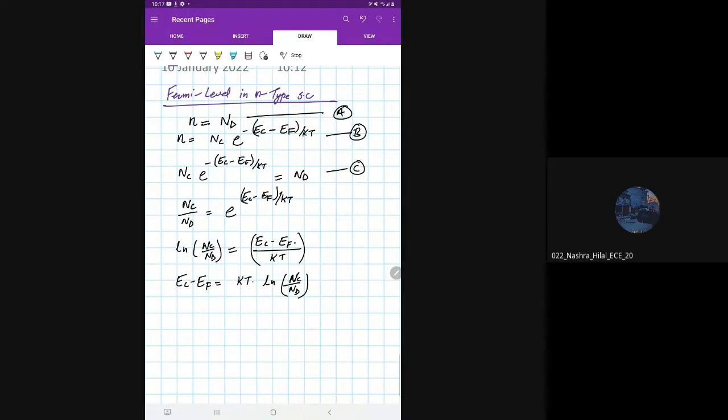Further simplifying, we find that the Fermi energy level in an N-type semiconductor is equal to the energy of the conduction band minus kT ln of Nc by Nd.